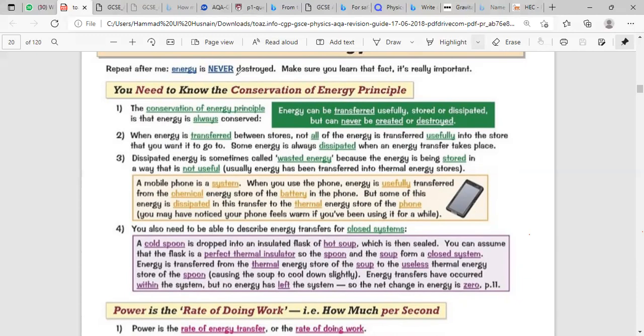we turn on an electric bulb. What we are doing is giving electrical energy to that electric bulb, and it gives out energy in the form of light. This light is useful to us. This light is a useful energy store for us. So this energy is used or transferred or stored. But when we touch that electric bulb, you can feel that it gets heated after being turned on for an hour or two.